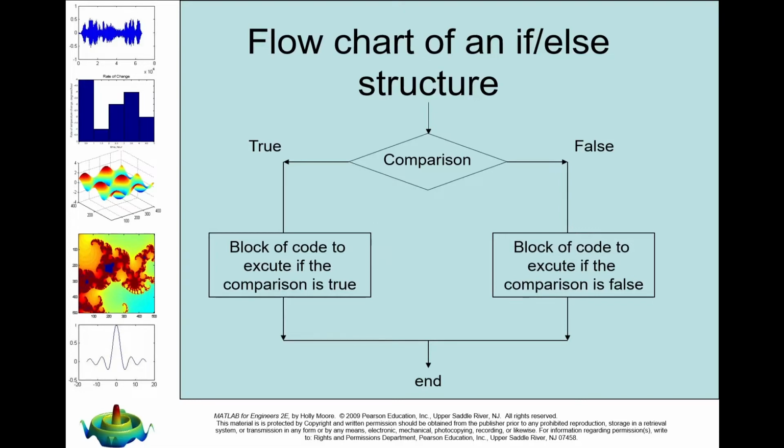Although the simple if allows us to execute a series of statements if a condition is true and skip them if it is false, with if-else we can execute one set of statements if the comparison is true and another set of statements if the comparison is false.